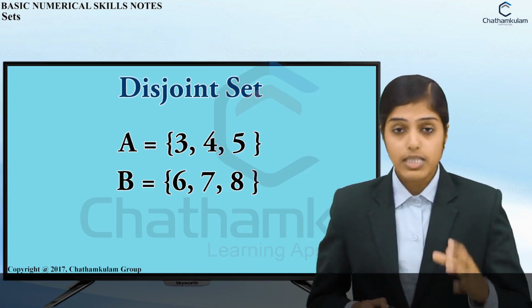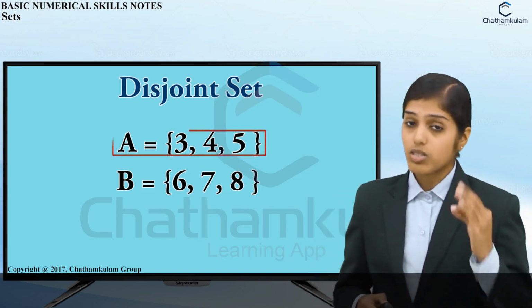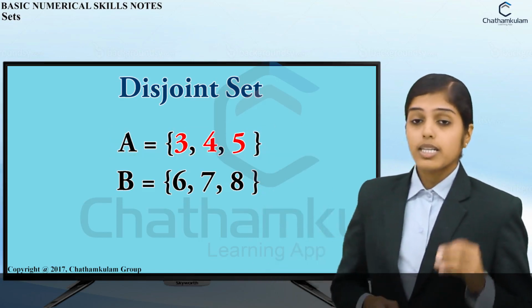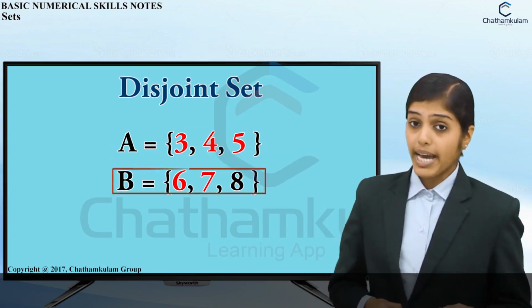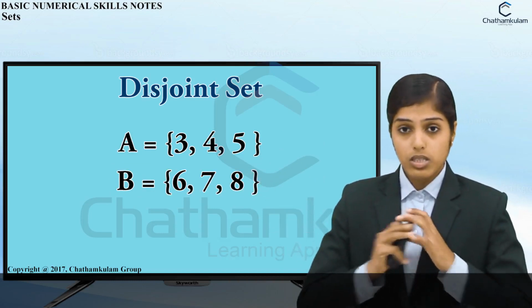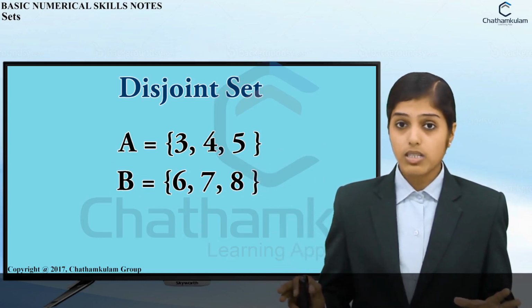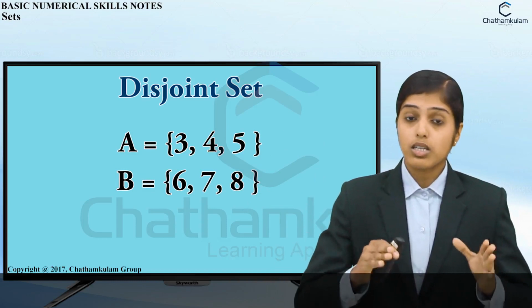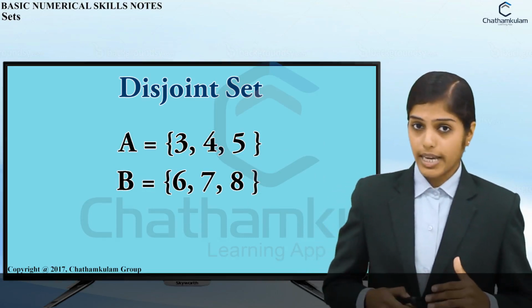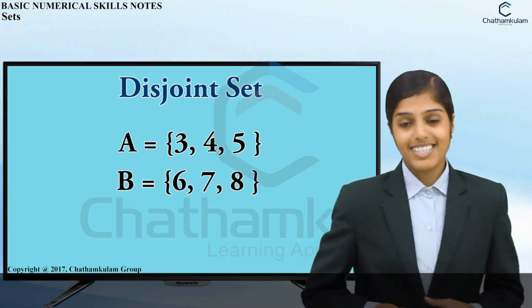Why? Because in set A we have 3 elements, 3, 4 and 5. In the next set B, we have the elements 6, 7, 8. Both sets are not equal. That is, no element of A is in B and also no element of B is in A. So, these are disjoint sets.